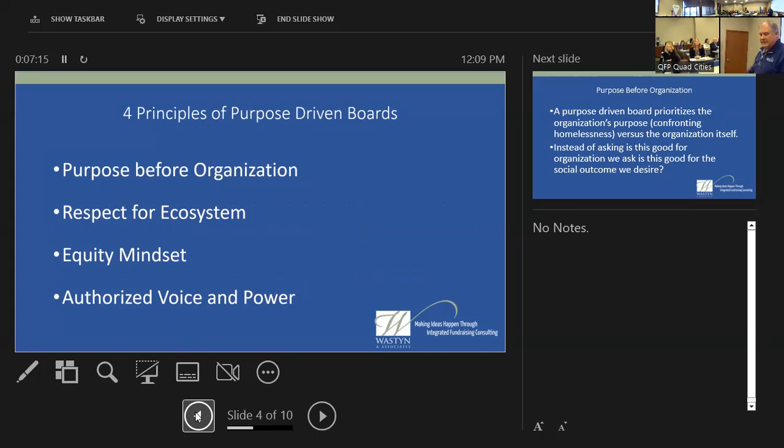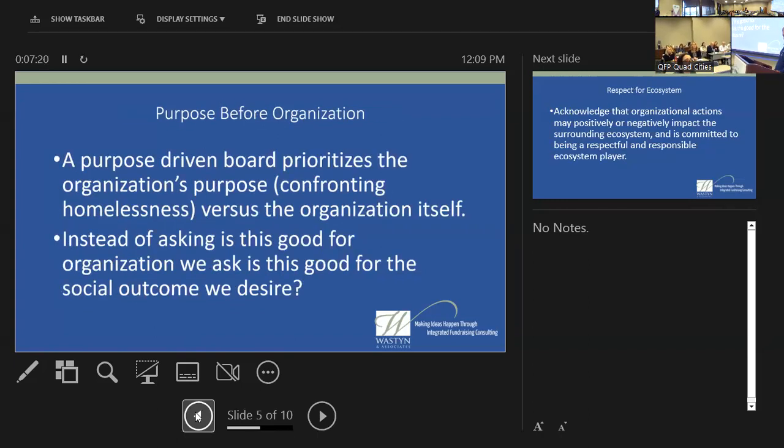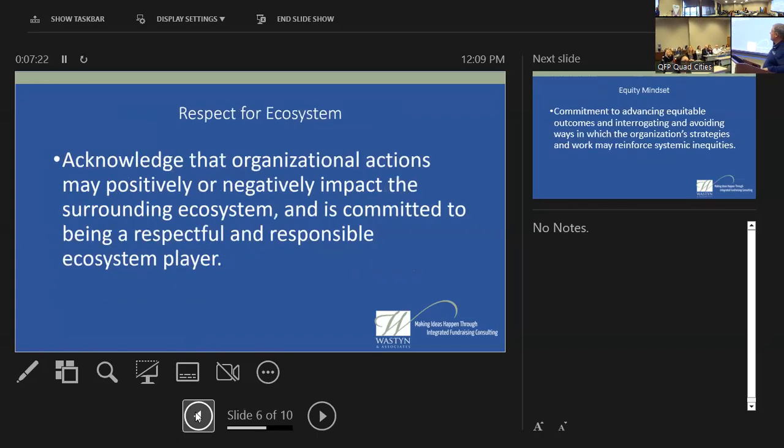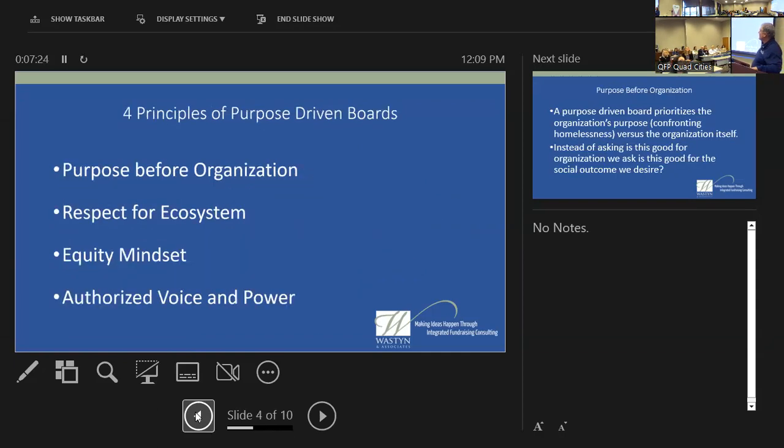We'll get into one example in a little bit. Second is respect of ecosystem. A nonprofit does not exist in a vacuum.